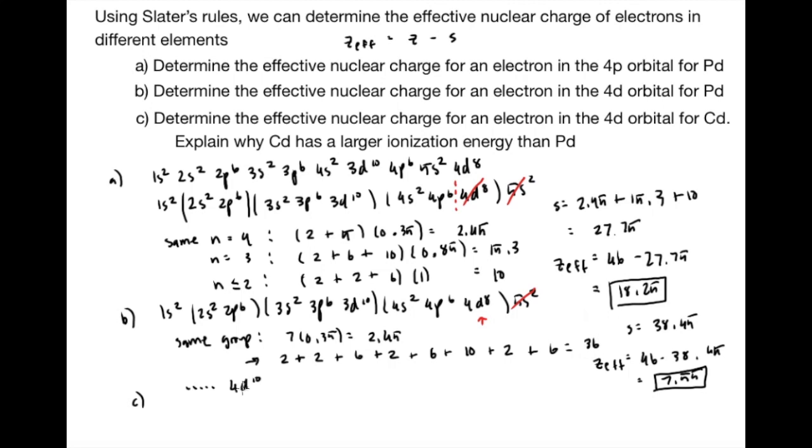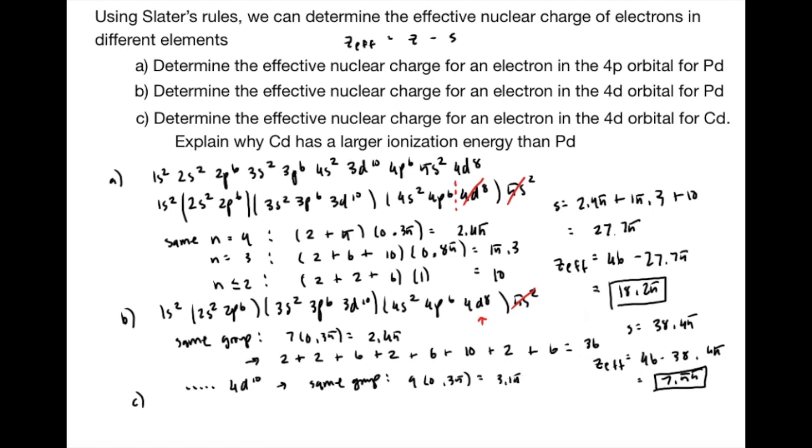And so we can simply figure out the shielding constant for the same group and then use the numbers previously to figure this out. And so you know that for the same group, we have 9 times 0.35. And so this ends up being 3.15.